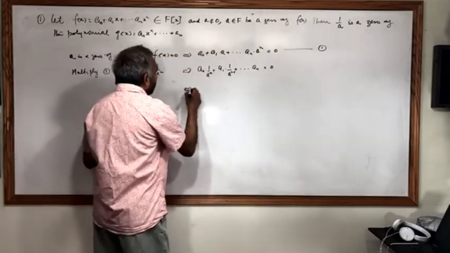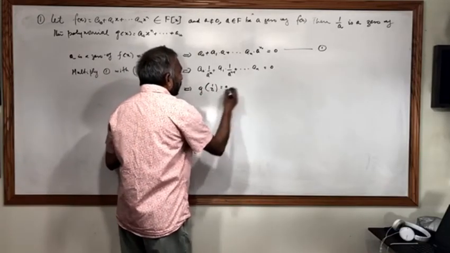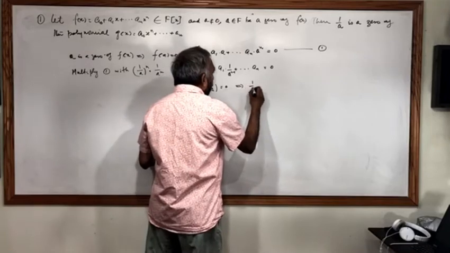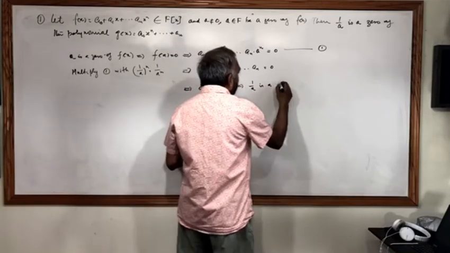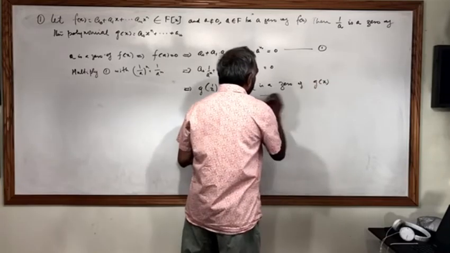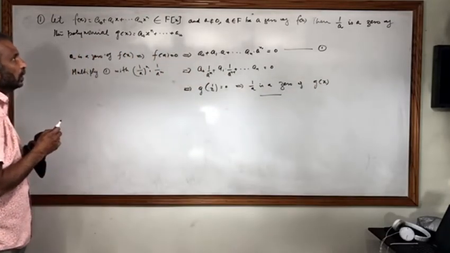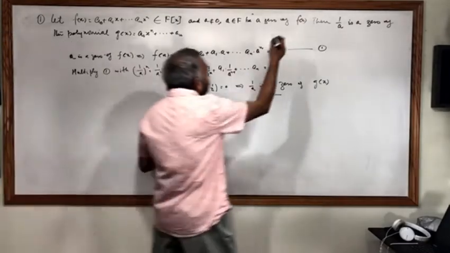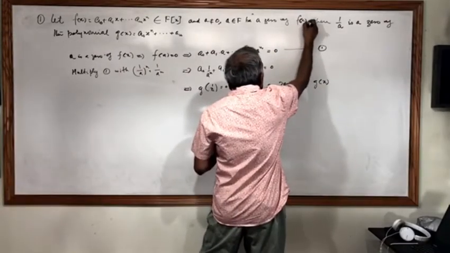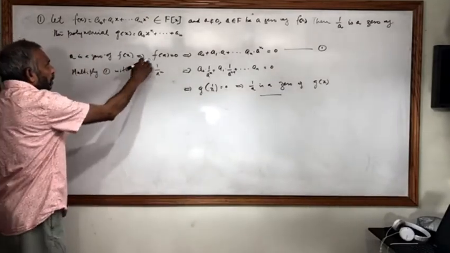And this implies g(1/a) = 0. And that implies 1/a is a zero of g(x). It's a very simple problem. Just want to make sure that the idea of zeros of a polynomial is clear.